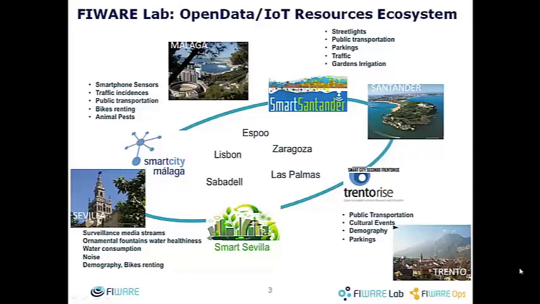The kind of sensors, and therefore the type of data that you can get from all these cities, is very heterogeneous also. You have anything from smartphone sensors to sensors that have information related to traffic incidents, bike renting, street lights, public transportation, parkings, gardens, irrigation, fountains in Seville, ornamental fountains, water healthiness, water consumption, noise, demography.